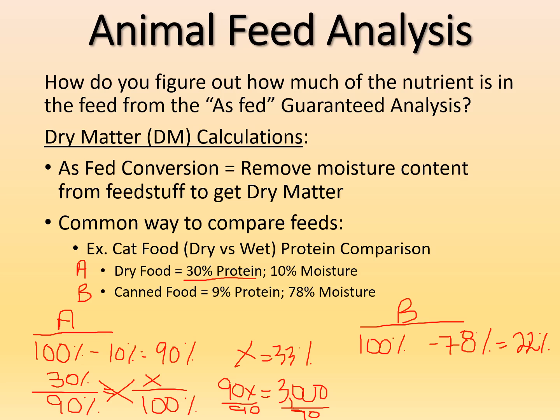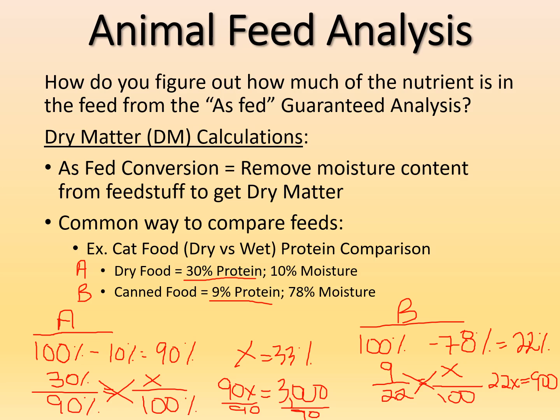Now let's do the same thing for our wet food. So we have 9% protein, but that's out of 22 instead of out of 100. So 9 out of 22 equals our value we're looking for, out of 100. So we cross multiply. That's 22x equals 900.